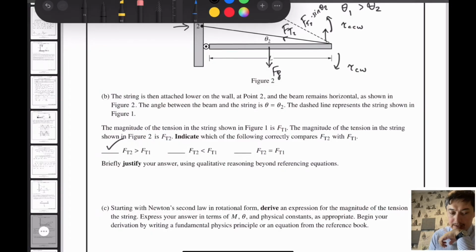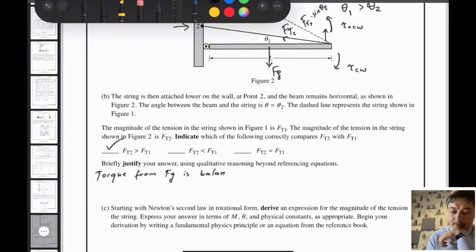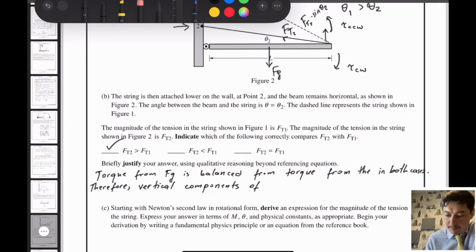How do we explain it? Let's start with the torque. Torque from Fg, from gravity, is balanced with torque from the tension in both cases. Therefore, vertical components of both Ft1 and Ft2 are equal.